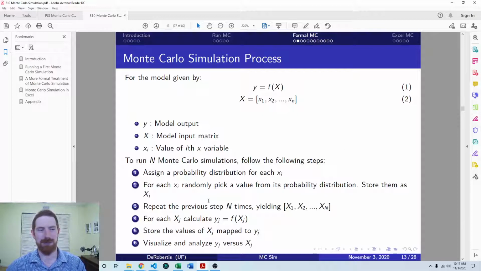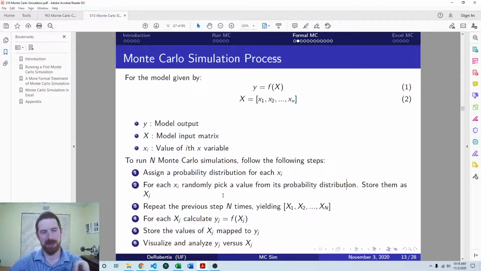N is our number of iterations, or number of simulations. And so then we're going to have all the random inputs. Then you want to run the model with those simulated input values. So for each simulation, you've got each random input, you pass them into the model, and you get the result.